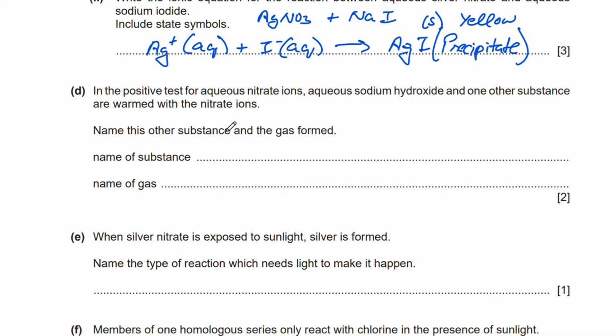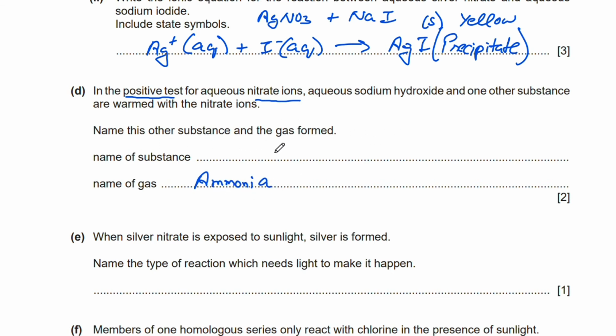In a positive test of aqueous nitrate ions, aqueous sodium hydroxide and one other substance are warmed with the nitrate ions. Name this other substance and the gas formed. Now it's simple. When it's nitrate ions, the gas will be ammonia. Gas will be ammonia.